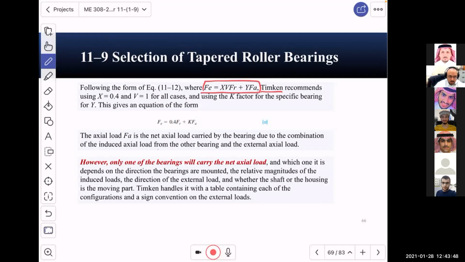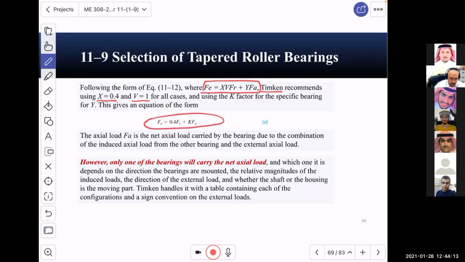And then they said that for a tapered roller bearing, X is recommended to be 0.4, V is recommended to be 1 for all cases, and using the K factor for the specific bearing for Y. We'll see how we are going to do that, but we will end up with this equation.